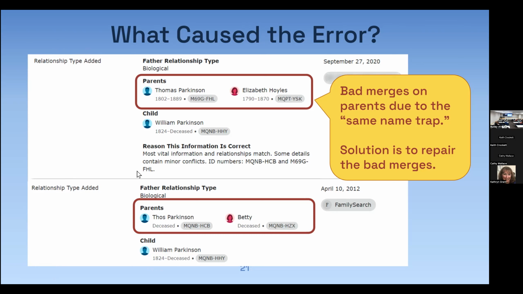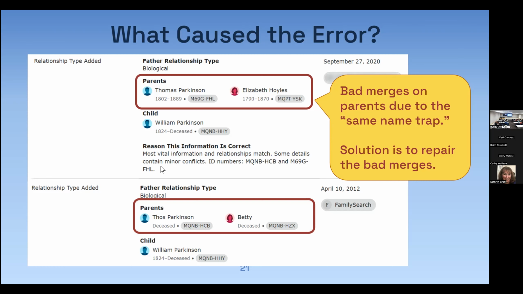And we're looking at the change log, by the way, for those of you who may not be familiar. This is just a list of all the changes that pertain to our William that we're going to disconnect. So the reason I can tell there's a bad merge is because of this reason statement. It's one of those canned reason statements.